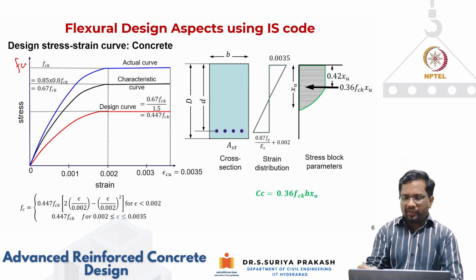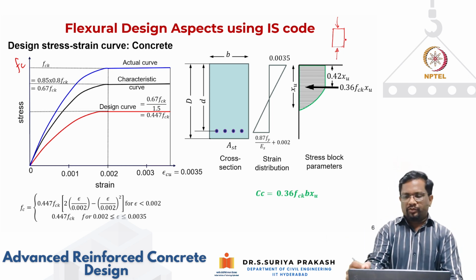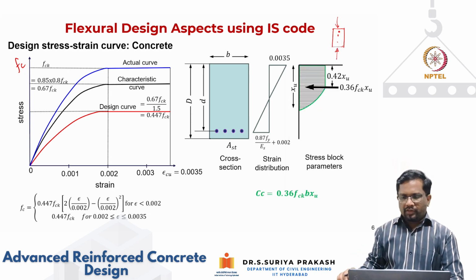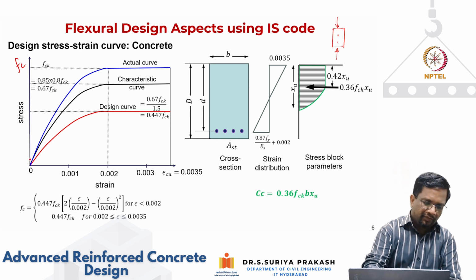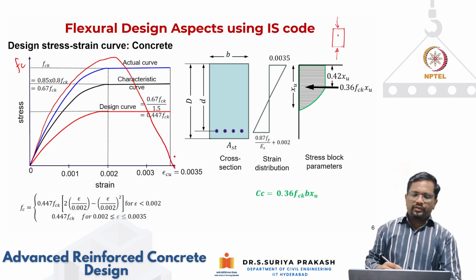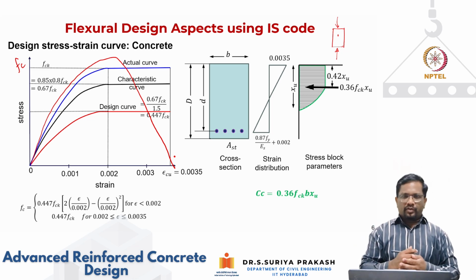When you test a cylinder like this, as you have seen in the material aspects, and you measure your strain between two points, then you can plot stress versus strain. Your actual cylinder stress strain curve will be like this. So this is your actual stress strain curve, a parabolic model, especially for concrete strength less than 40 megapascal.